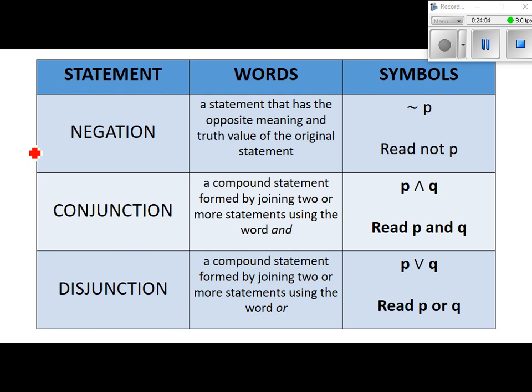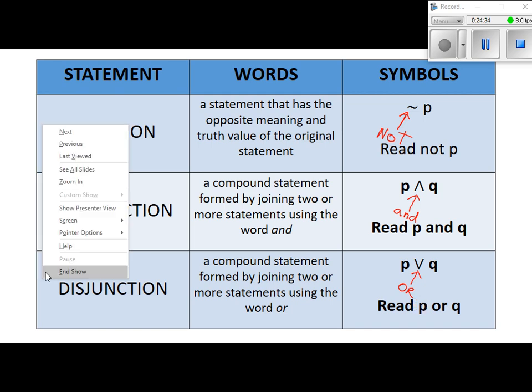All these different symbols. What's that symbol mean again? Not. What's this symbol mean? It's the word and. What's this one mean? Or. Make sure you know those symbols.